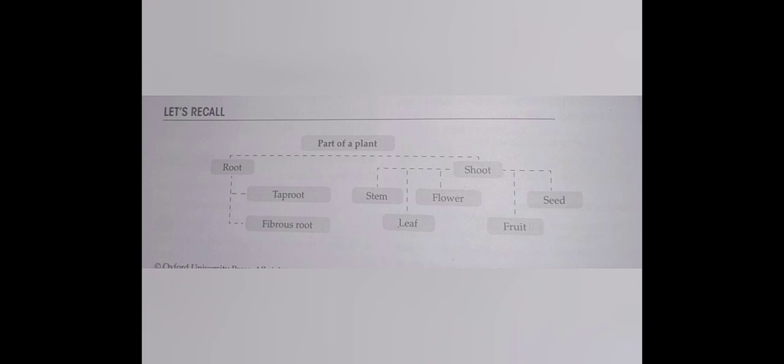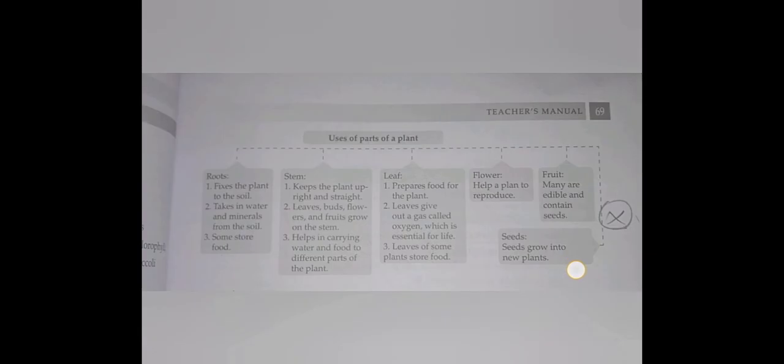On the right-hand side we have shoot: stem, flower, seed, leaf and fruit. The second is uses of parts of plants. Roots fix the plant to the soil, take in water and minerals from the soil, and some store food.